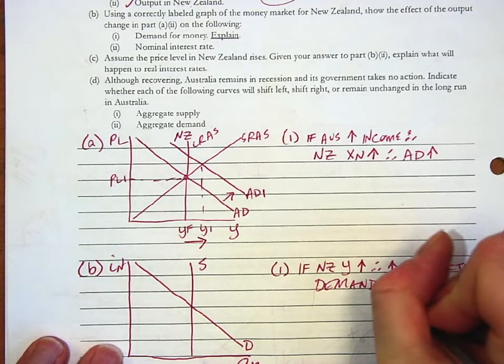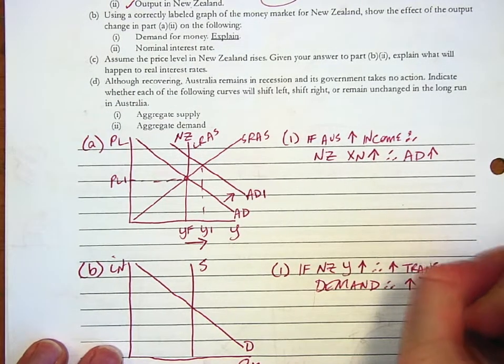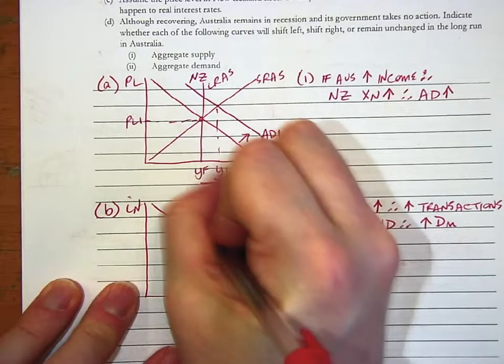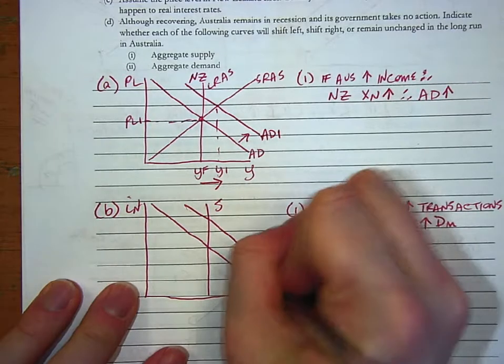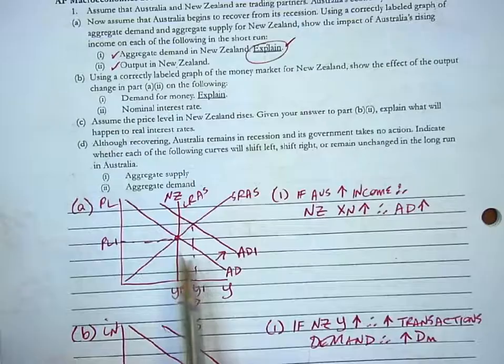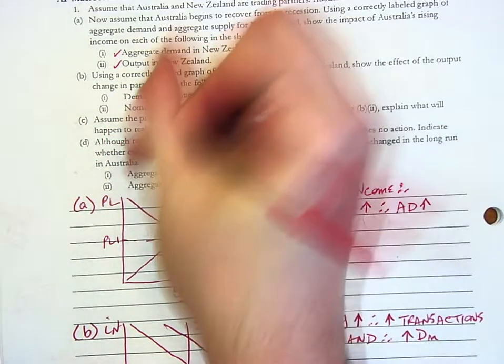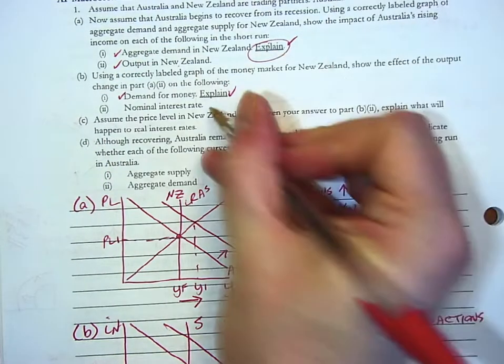So you therefore increase the demand for money. We have a D sub 1 that shifts to the right, and so we've taken care of demand for money, and we explained it. Nominal interest rate.